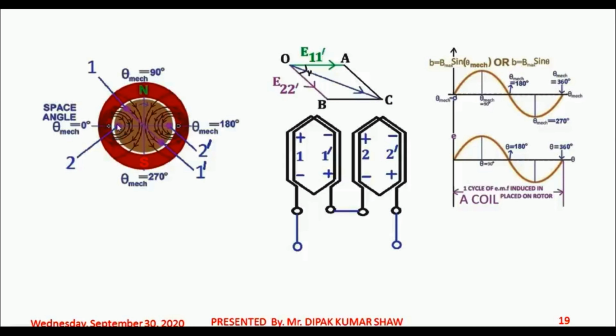If you follow this mouse pointer, you can find here you are having coil side 2. Diametrically opposite would be the coil side 2 dash. Likewise, you are having coil side 1 here. You may follow the mouse pointer, please. This is your coil side 1, and this is your coil side 1 dash, which is again diametrically opposite.